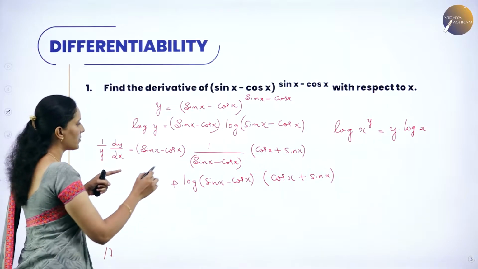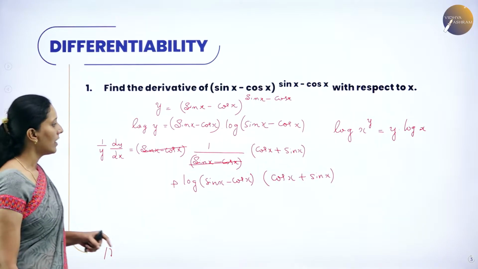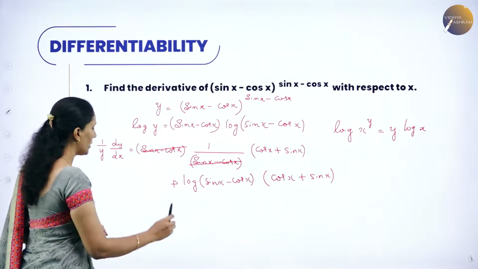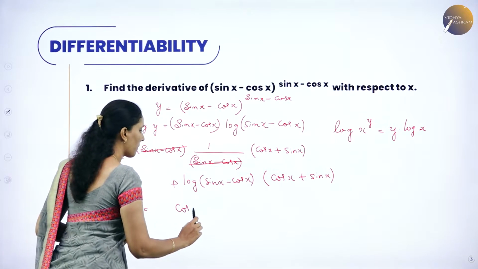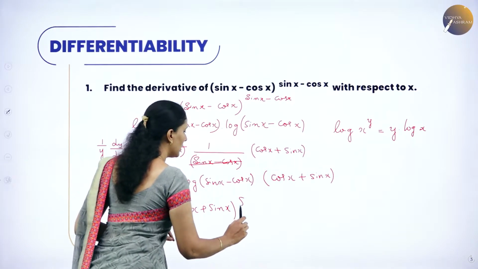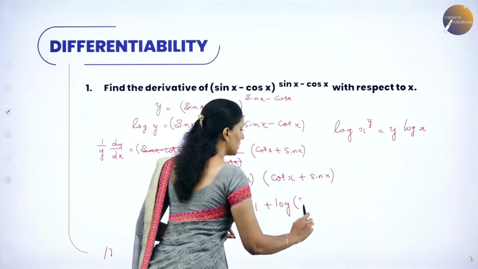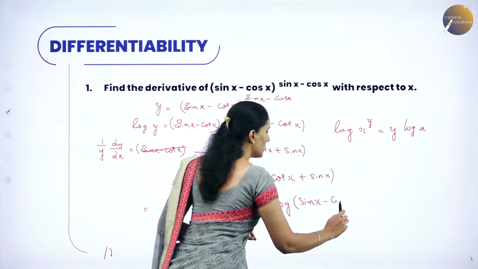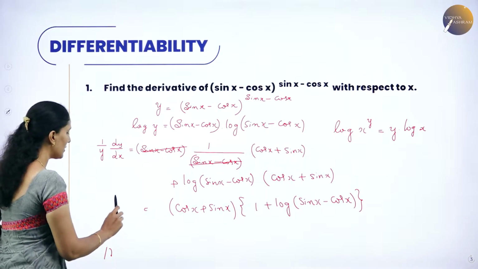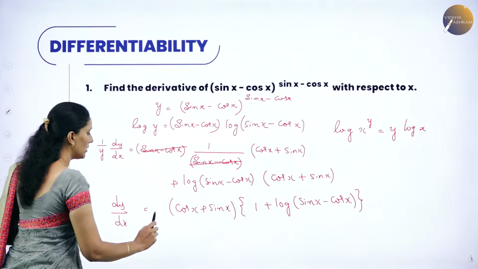So clearly you can observe (sin x minus cos x) and (sin x minus cos x) get cancelled here, and from these two terms cos x plus sin x is a common factor. So here I can take cos x plus sin x as a common factor. Then here I am left with 1 plus log of (sin x minus cos x). And on the left hand side, you can just rewrite dy by dx. You can shift y to the right hand side.